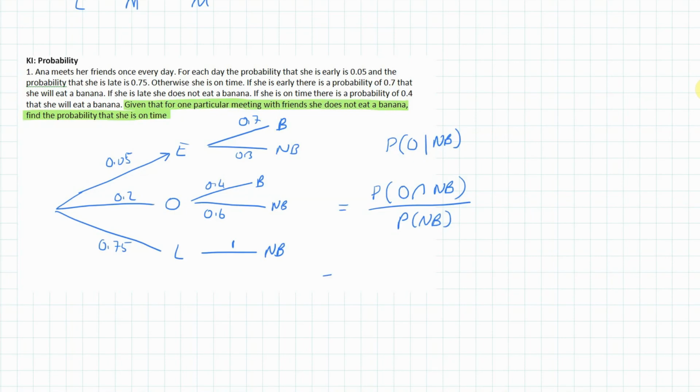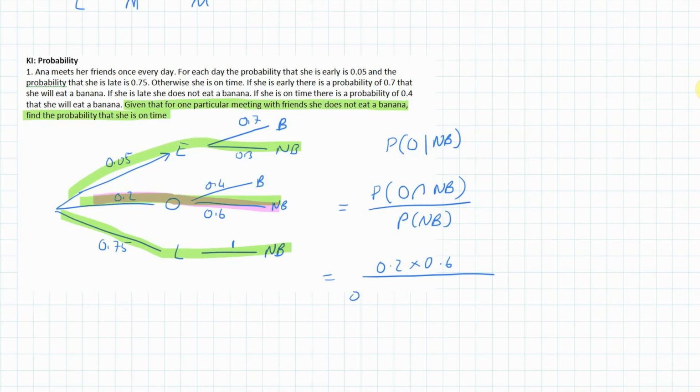Okay, well, so on top we're going to have this bit here, which is 0.2 times 0.6, and on the bottom we're going to add all of the different ways that she can have no banana. Okay, and this one as well. So you can see we'll have 0.05 times 0.3 plus 0.2 times 0.6, and then plus 0.75 is the last one there.